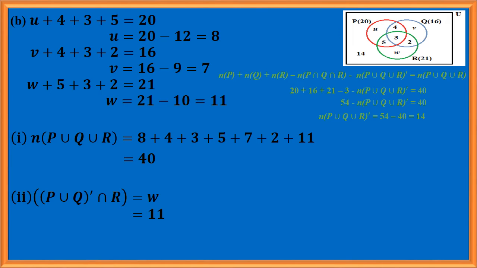So the probability will be the successful outcome over the universal, which is the total outcome. So the probability of P union Q complement intersection R will be 11 over 40. And you see that this cannot be simplified. So that becomes our probability.